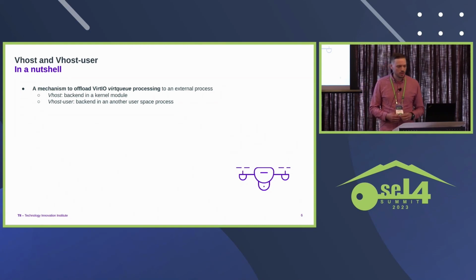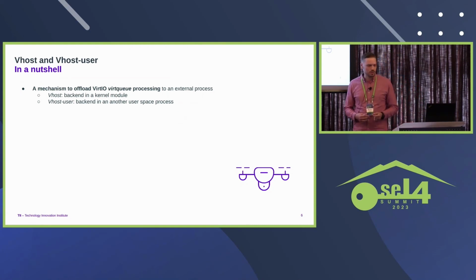When we are talking about vhost-user, then the backend is another user space process, and then we use Unix domain sockets to do the configuration. Typically, performance is one motivator for using vhost, but vhost-user also has nice properties of providing some kind of isolation between the backends.